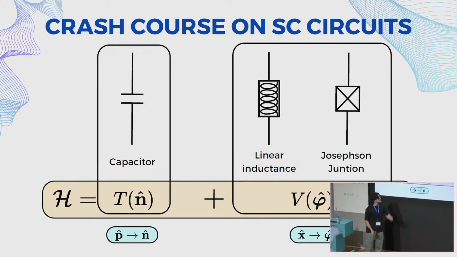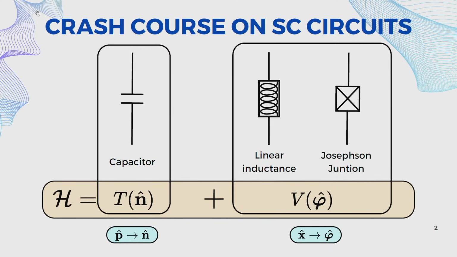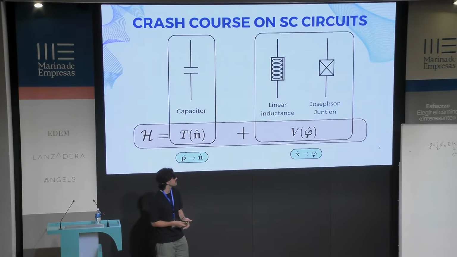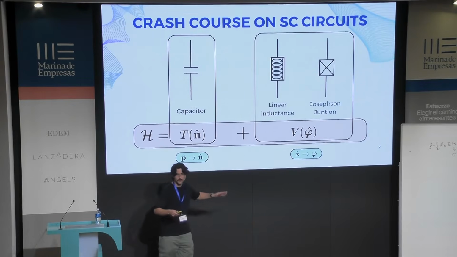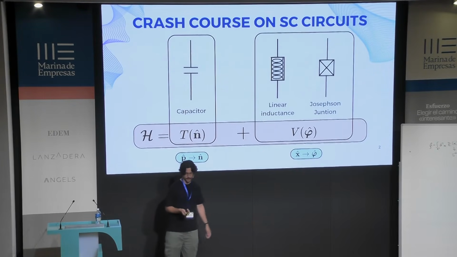And the other two are a linear inductor and a non-linear inductor called a Josephson junction, which contribute to the potential of our Hamiltonian, and are described by the phi operator, which accounts for the magnetic flux in the system, and could be more or less equivalent to the position.